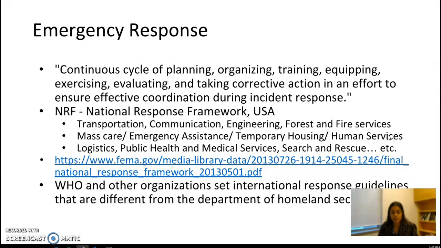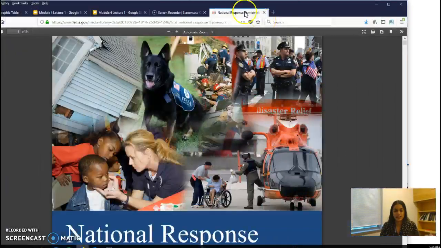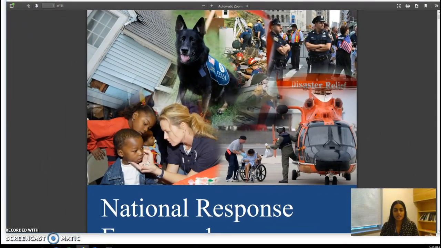It's actually a huge list. I put a few here: transportation, communication, engineering, forest service, mass care, emergency assistance, temporary housing, human services, logistics, health, medical service, search and rescue. So these are just a few, but there's a bigger list in the National Response Framework.